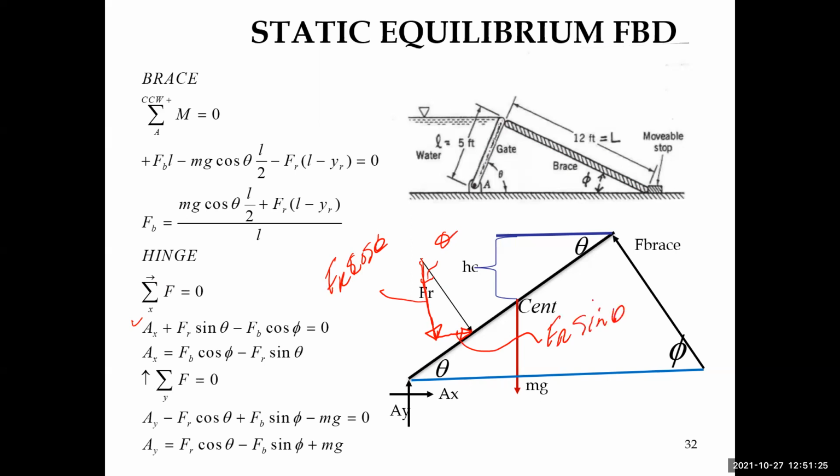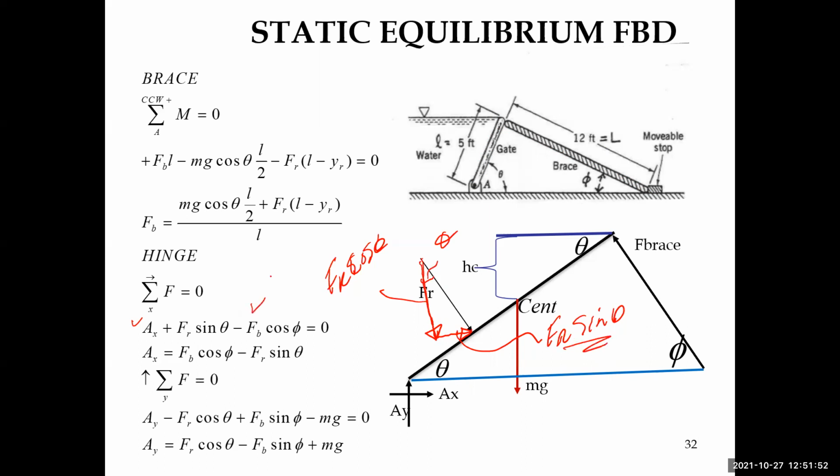So this is my force triangle for F sub R sub Y and F sub R sub X. So therefore then I'd have A sub X plus F sub R times the sine of theta.